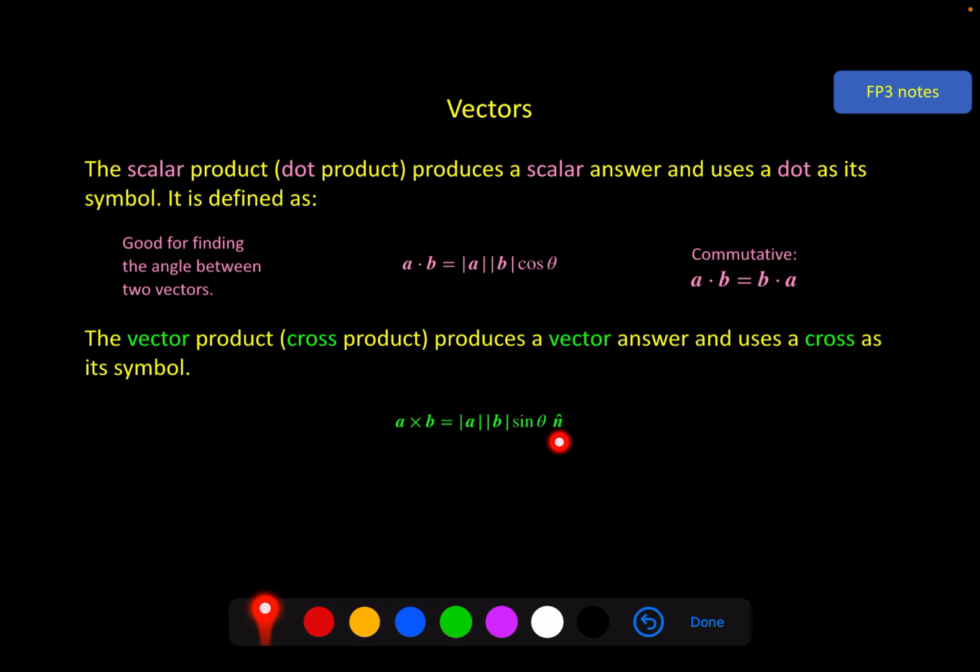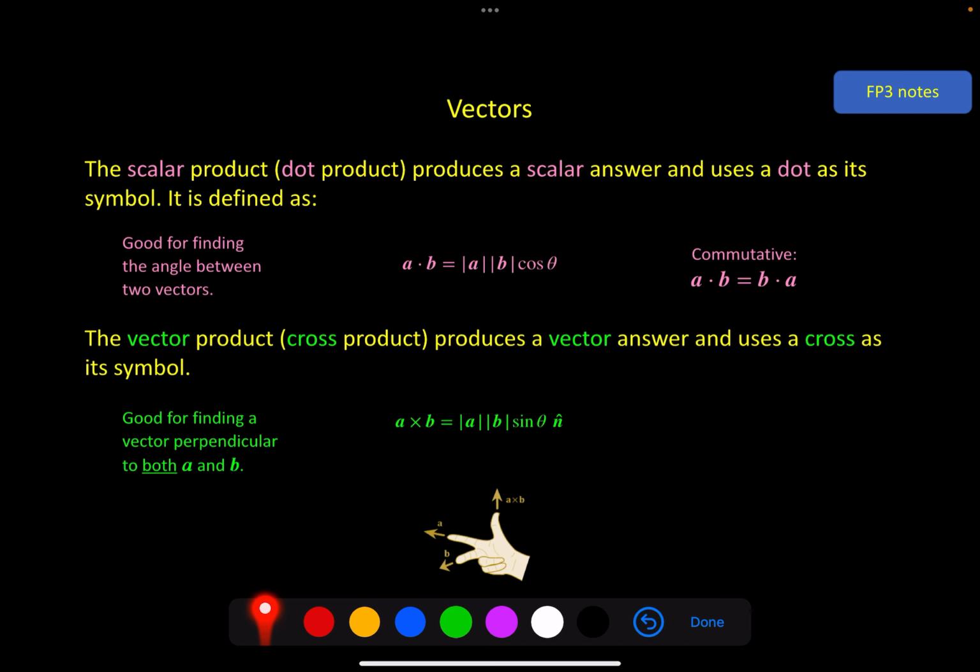And to make sure it's a vector, we put n hat on the definition here. So this is a unit vector in the appropriate direction. And we'll talk about the direction in just a second. This is good for finding a vector that is perpendicular to A and also perpendicular to B. This is a very useful thing, which we'll use a lot in the 6th video at the end when we're solving all the problems.